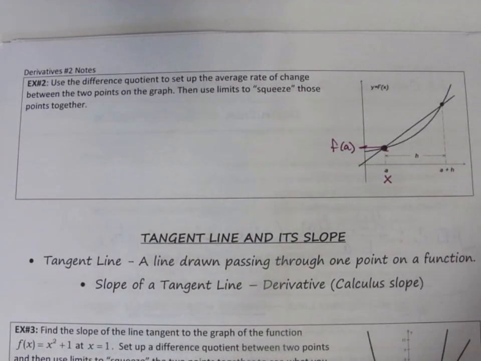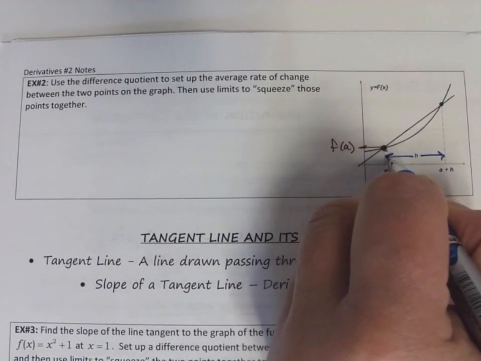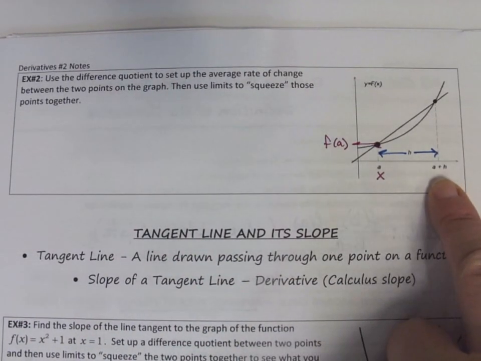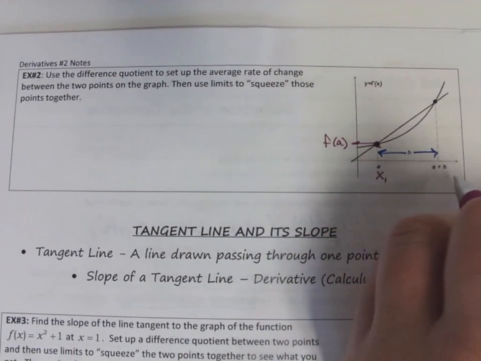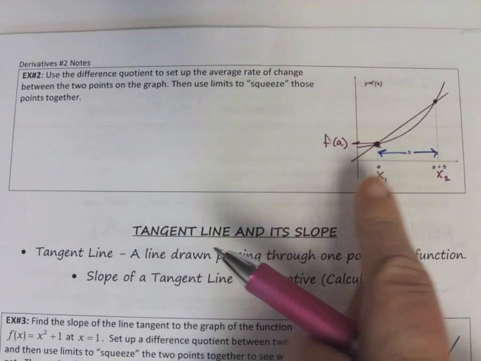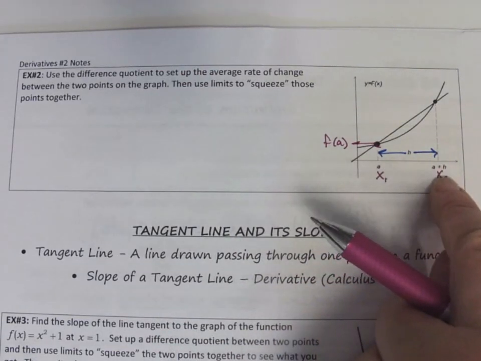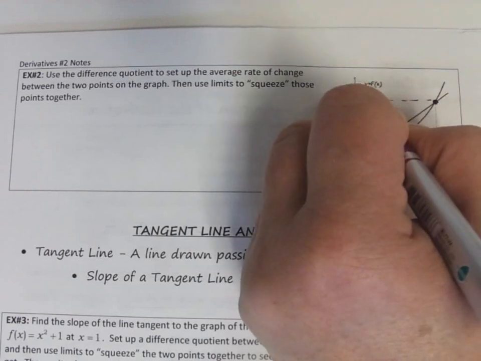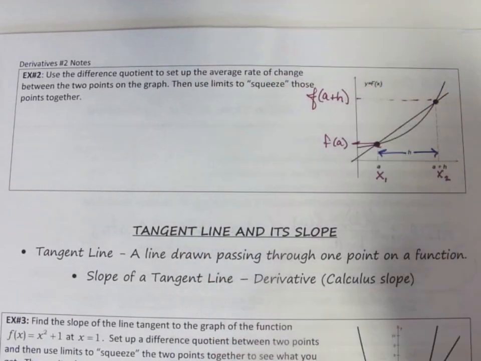Now on this, h represents the distance between the 2 points. So this guy right here is a plus h. This is our x1, this is our x2. We go a out and then we add h on. So that was why it'd be a plus h. So this y value right here is f(a plus h).